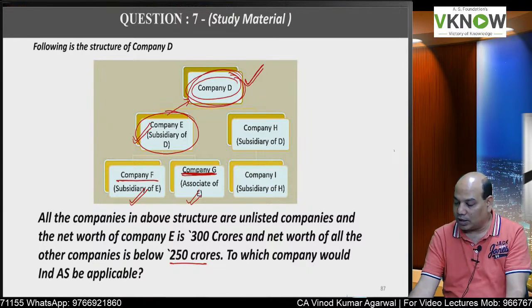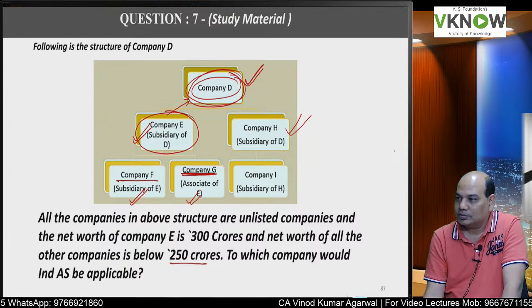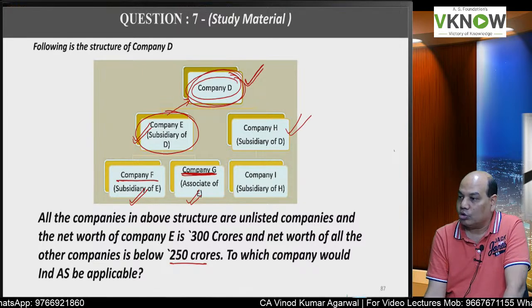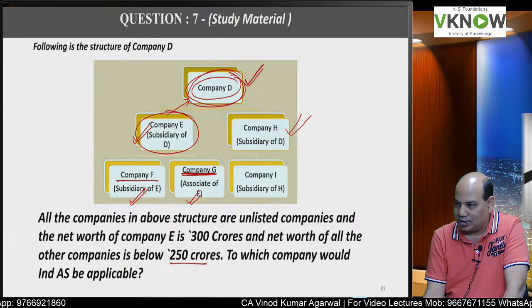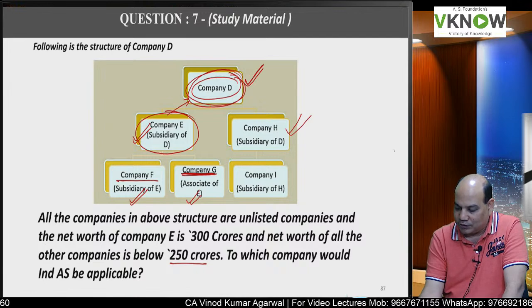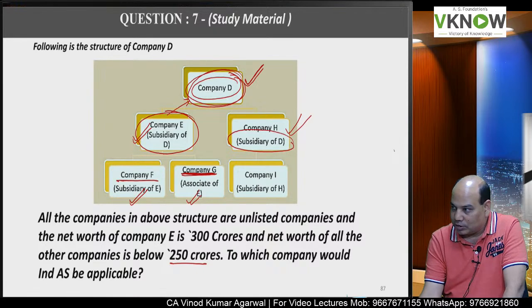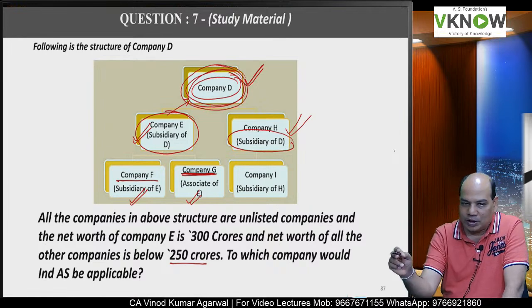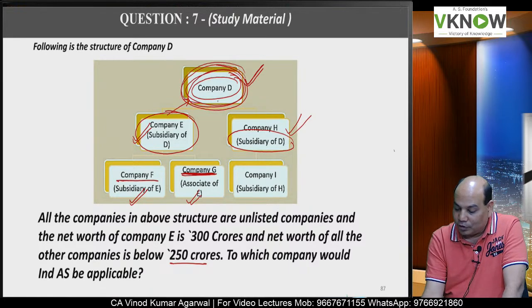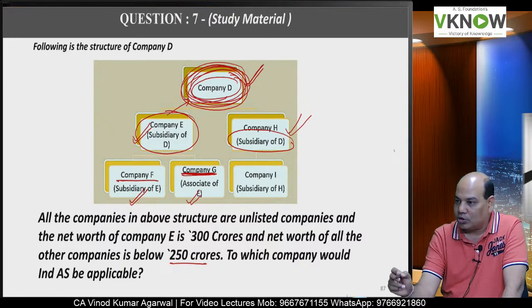Whether H will follow Ind AS, the answer is not mandatorily, but it will have to prepare 2 sets of financial statements. The reason is it is a subsidiary of D. Answer is printed in the book. D will follow Ind AS. So that means D will have to prepare financial statements based on Ind AS.